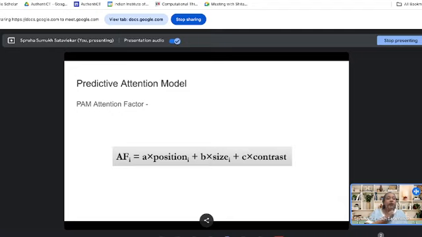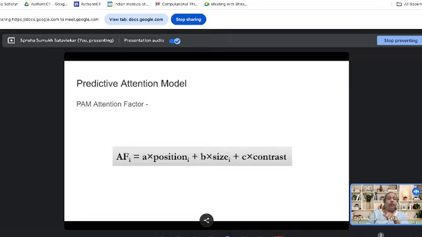The user behavior is observed and data is collected a large number of times, and out of that collected data, the behavior is analyzed and modeled using a predictive attention model, in which the attention factor is calculated for the ith element.